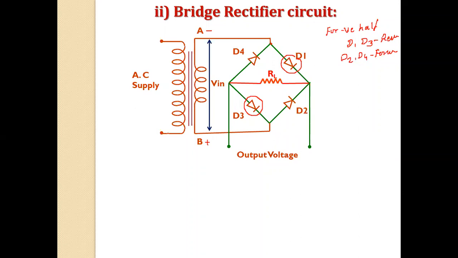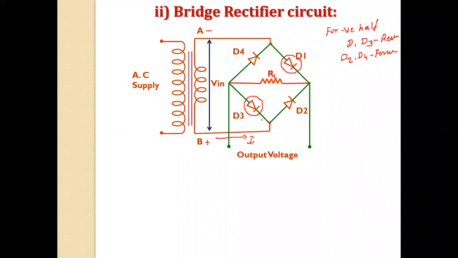Now see how the current flows in the bridge rectifier circuit. Current starts its journey from the positive terminal, point B, and comes to this point.